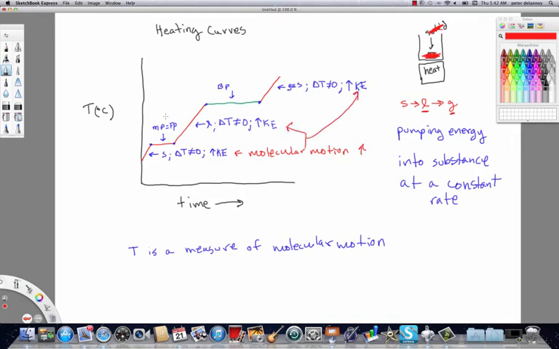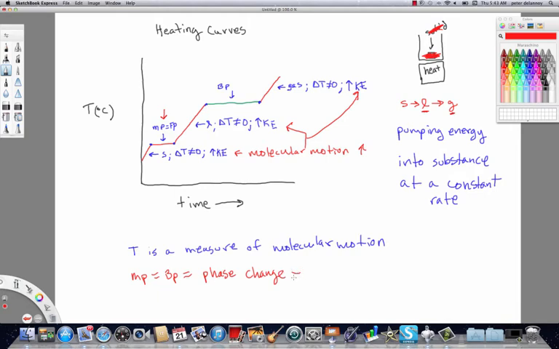Now, what's going on in these regions where we're actually changing the phase of the substance? At the melting point and the boiling point, this is what's called a phase change.